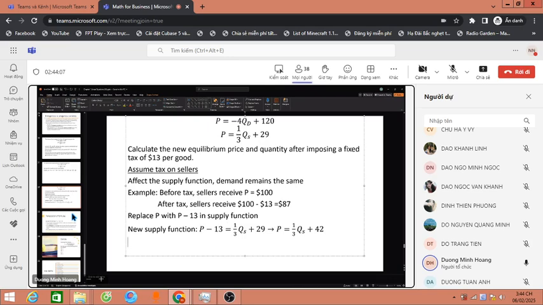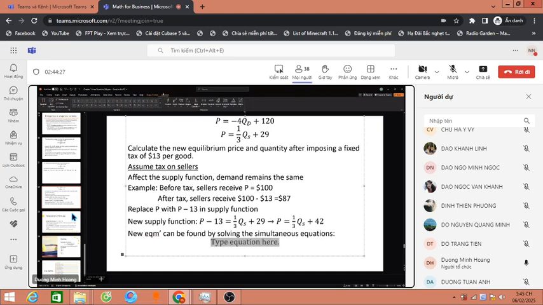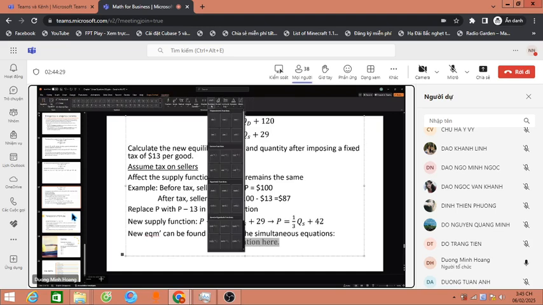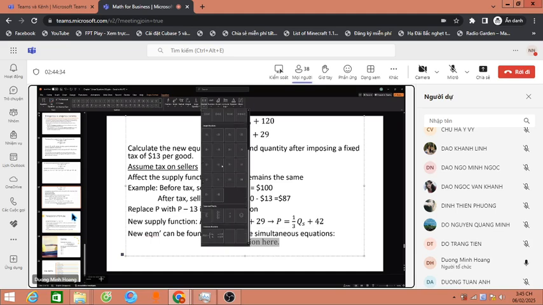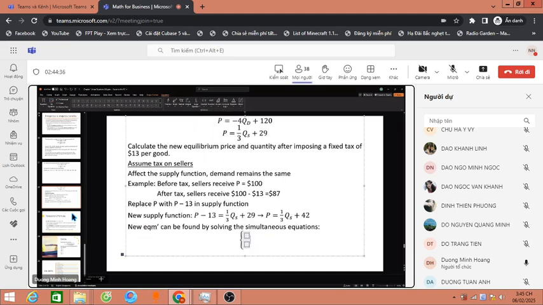So that means our new equilibrium: we can solve for it by solving the system.